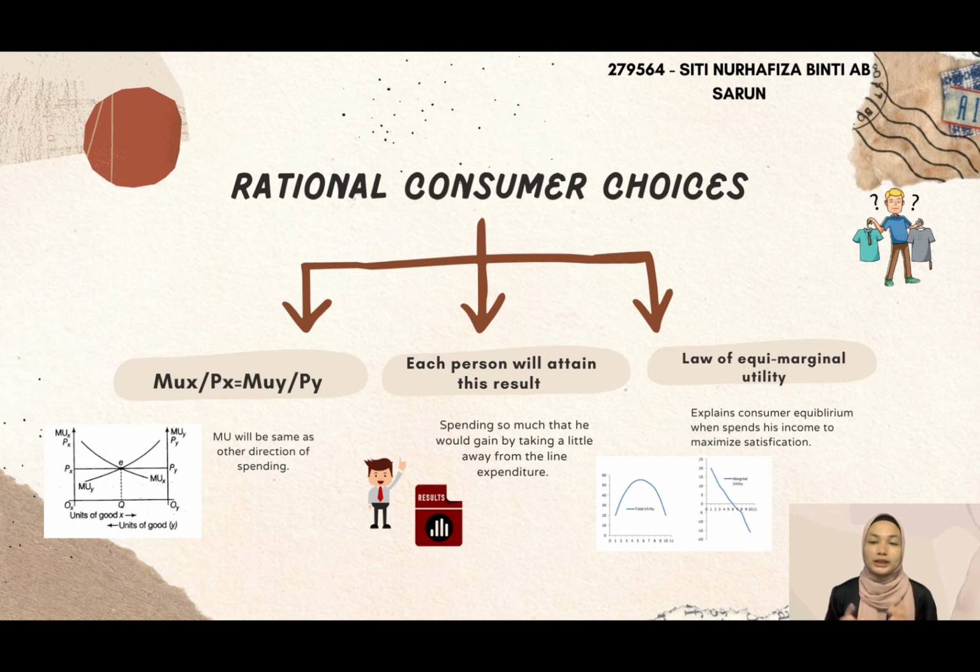Each person will attain this result by constantly watching to see whether there is anything on which he is spending so much that he will gain by taking a little away from that line of expenditure and putting it on some other line.